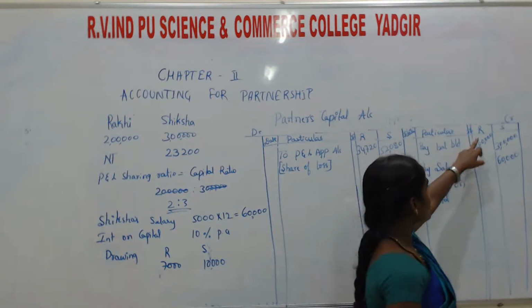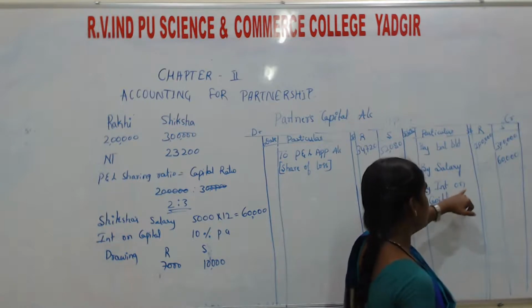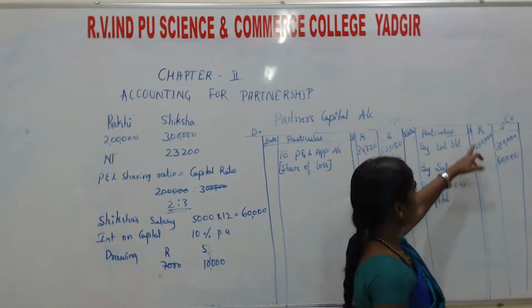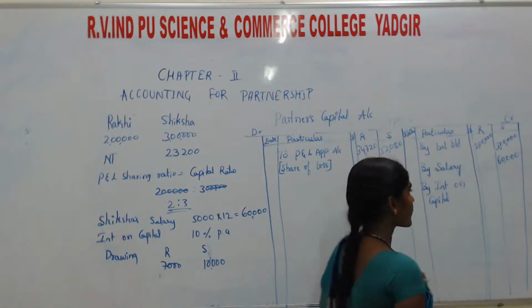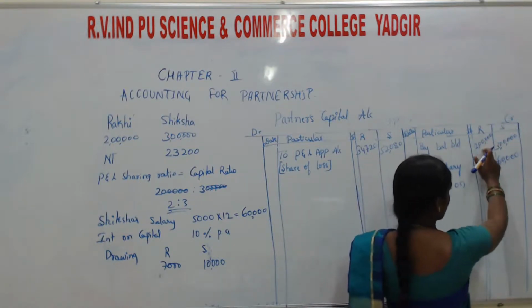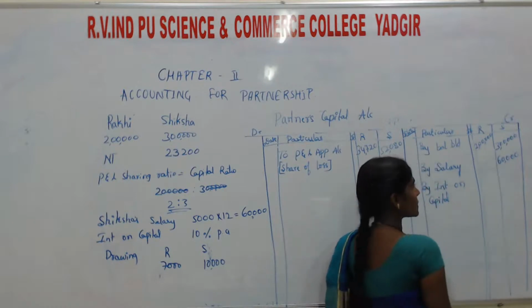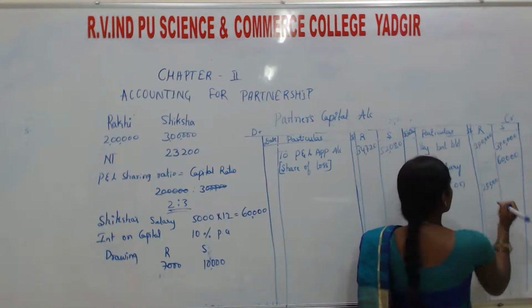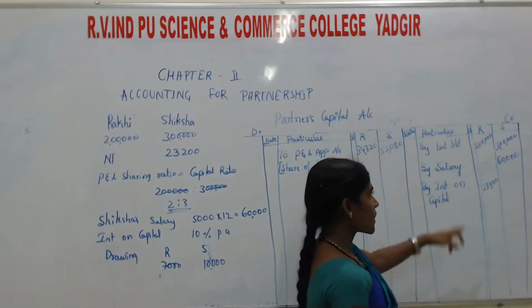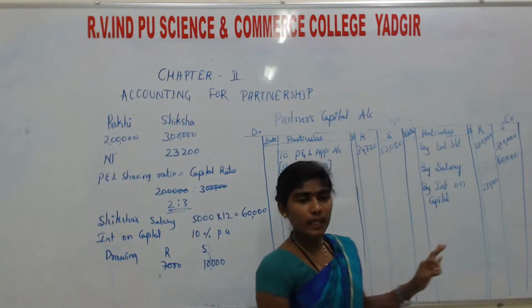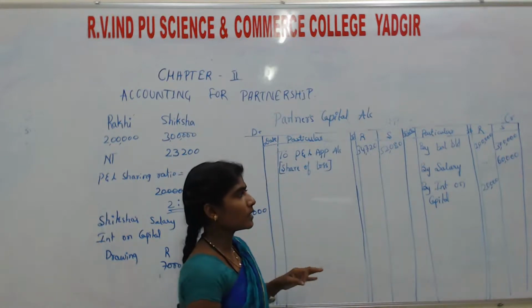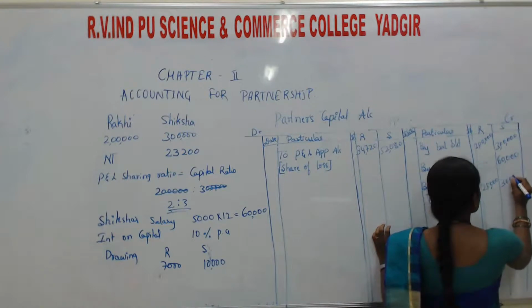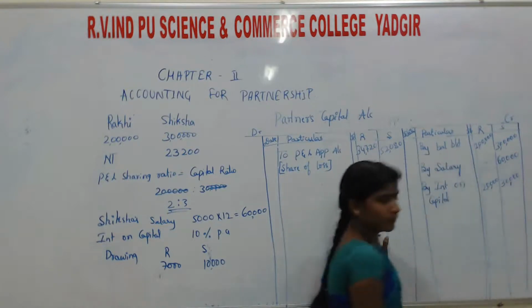So just write the interest on the capitals of the partners. So Rakhi's capital 2 lakh at 10% means 20,000 and Shiksha's capital is rupees 3 lakh at 10% means 30,000. Okay, next.